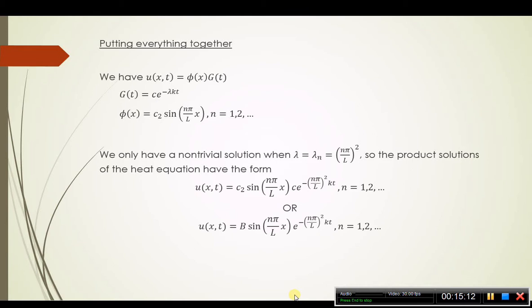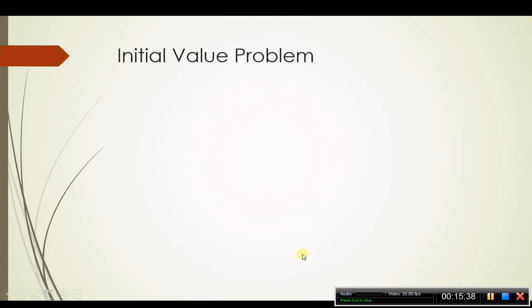So the products that solve our heat equation have to have this phi times this g, or simply, if you combine the constants together, we can say that this is some constant. Notice here that as t goes to 0, this part goes to 0, so this whole thing goes to u of x, 0, the initial condition, which has this special form.